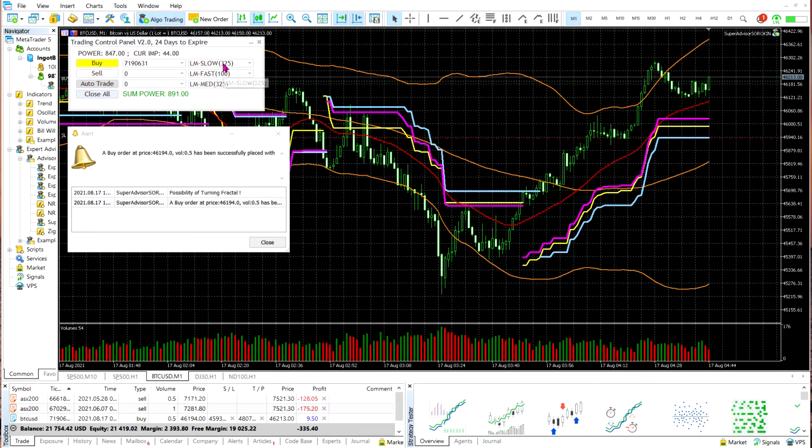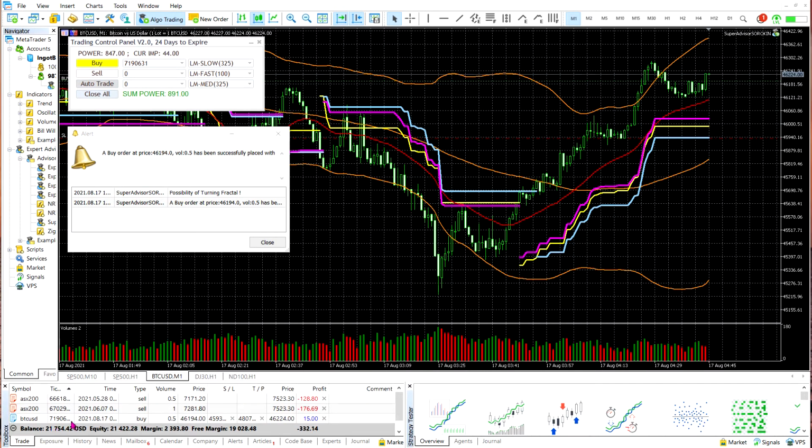But you can set the logic here as well, but it's only for the manual. So if it's automatic mode, this drop down box doesn't work. So it's only here. This is very important. The number tells you which position was opened by the system, or if you opened it by yourself.